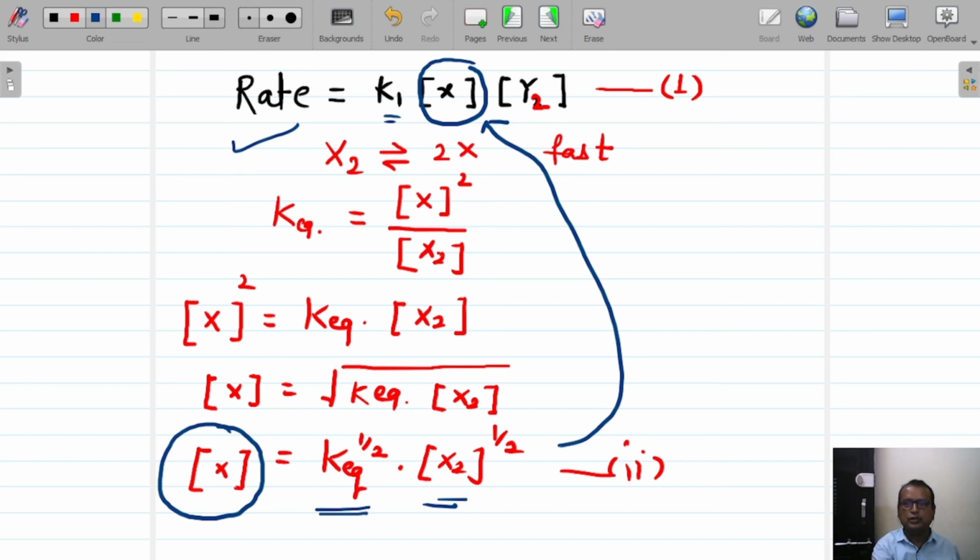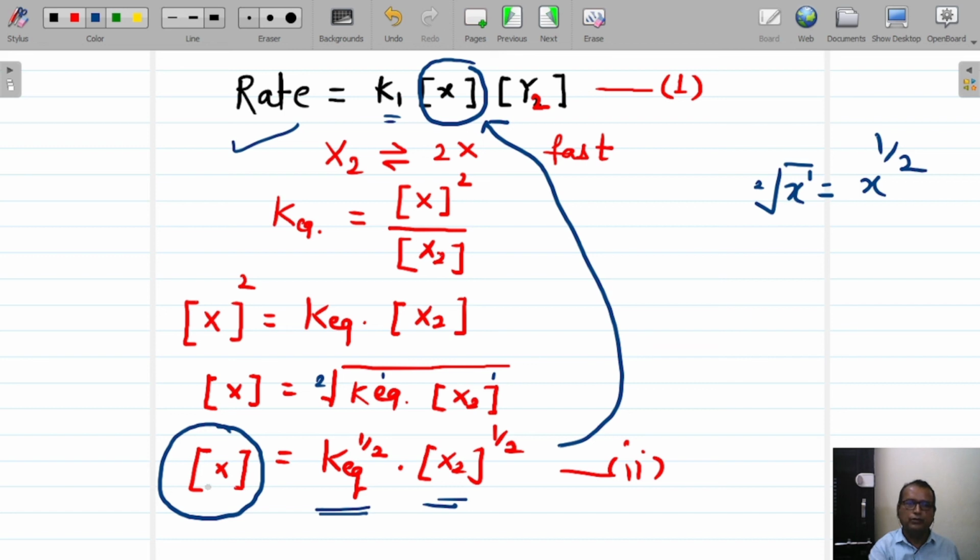Root of X is X raised to power 1 by 2, so X is K equilibrium raised to power 1 by 2 into X2 raised to power 1 by 2.